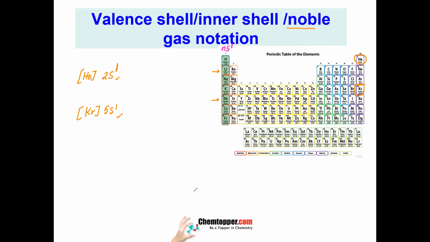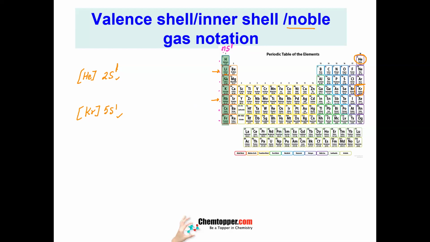What is n? n is the period number, principal quantum number. 1s1, 2s1, 3s1, 4s1, 5s1, 6s1, 7s1. Shreya R, am I clear? So n can be any period.